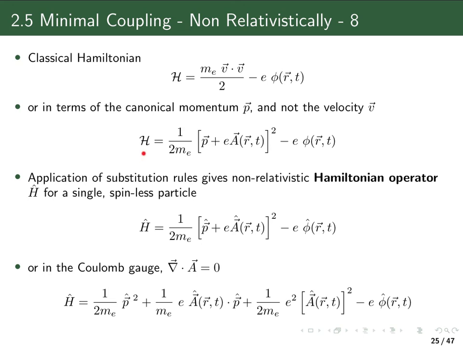So from the classical Hamiltonian function, we get to the Hamilton operator, and the classical momentum, canonical momentum, or generalized momentum becomes the momentum operator, which please remember is equal to minus i h bar and the gradient operator.